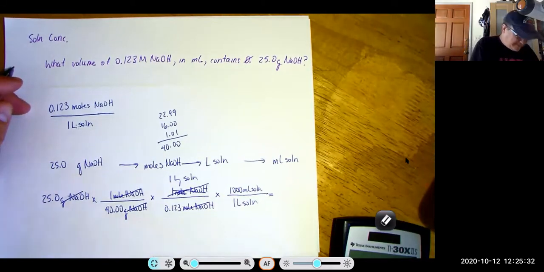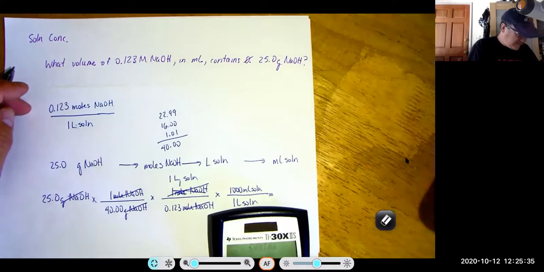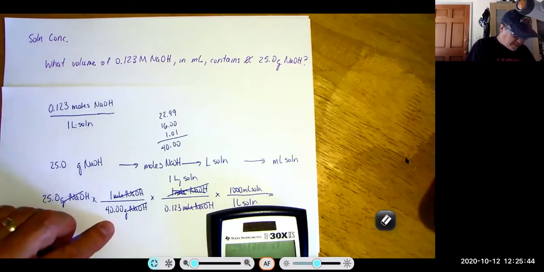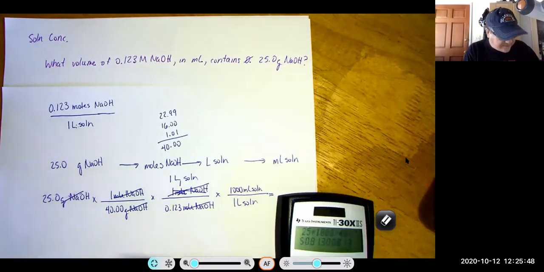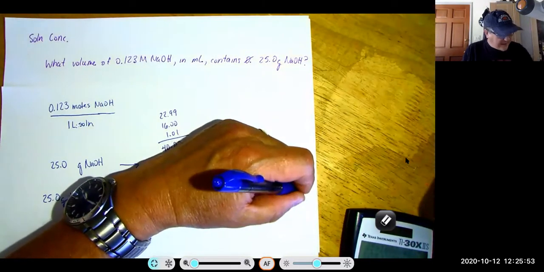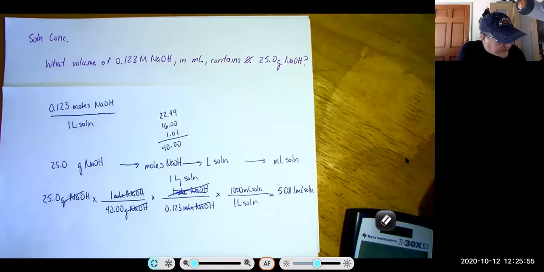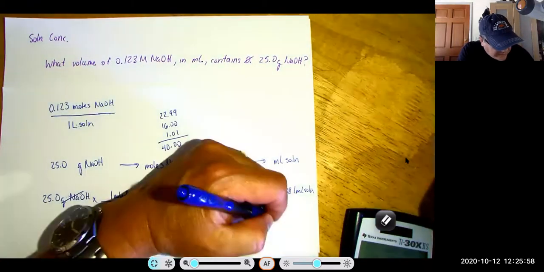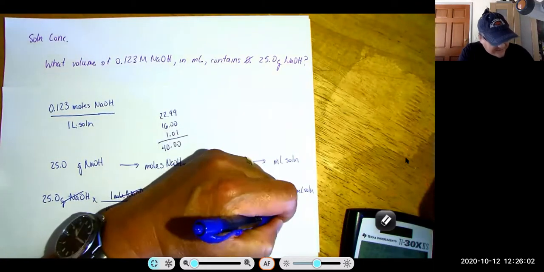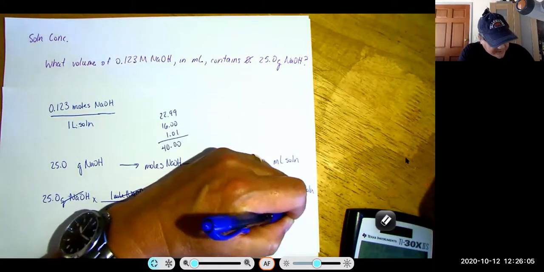So let's see what we get. 25 times 1,000 divided by 40 divided by 0.123, and we get 5,081. We are allowed 3 significant figures, so we have 5.08 times 10 to the third milliliters of solution.